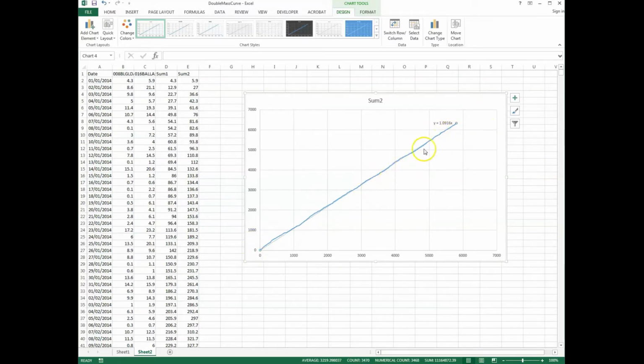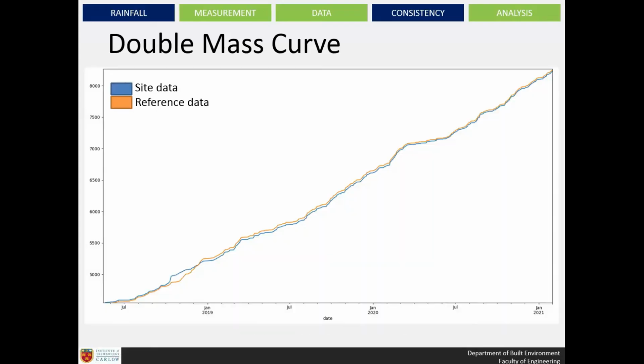There's no major break in slope. And also, say the one gauge has about 10% more rainfall on average than the other, which is something that you can use to fill in missing data. I'll show you that later.